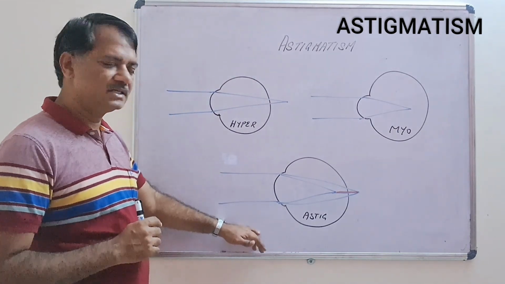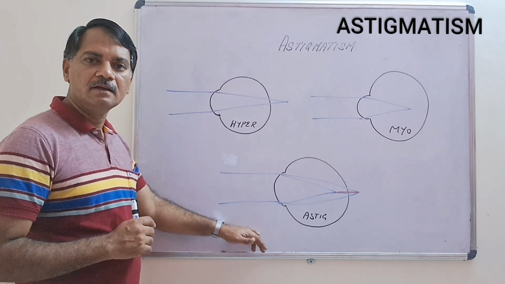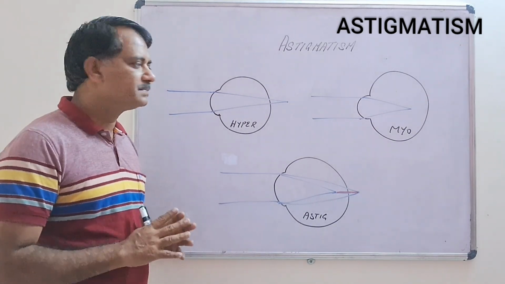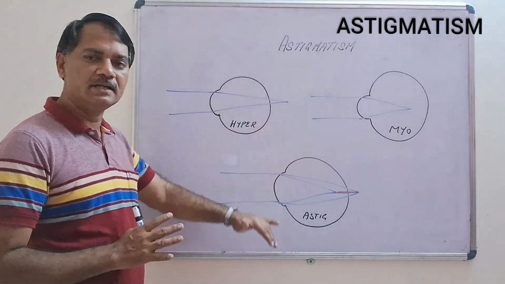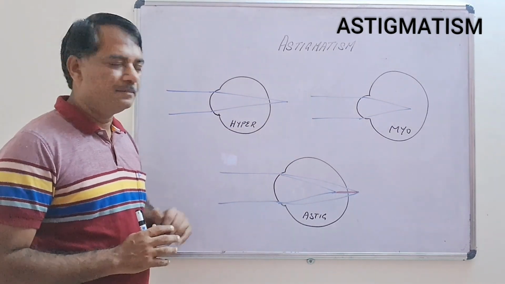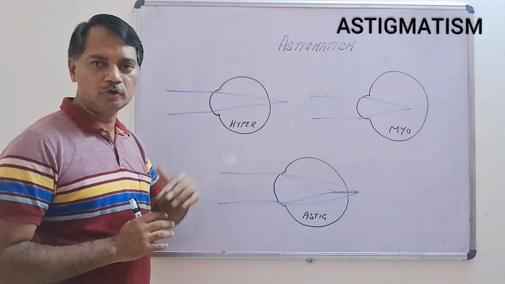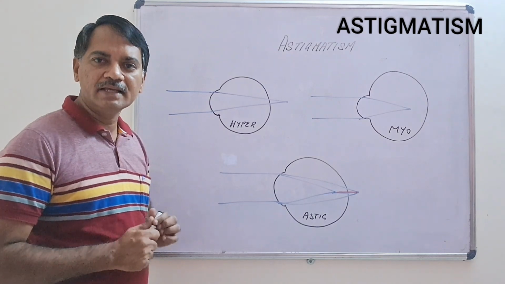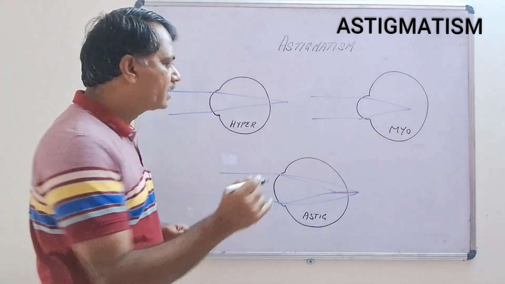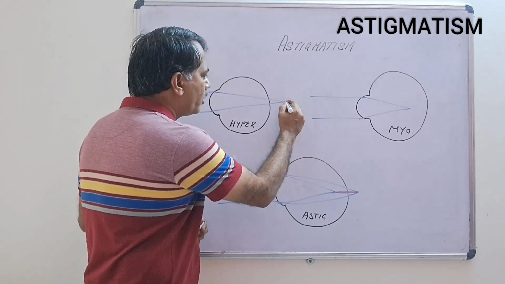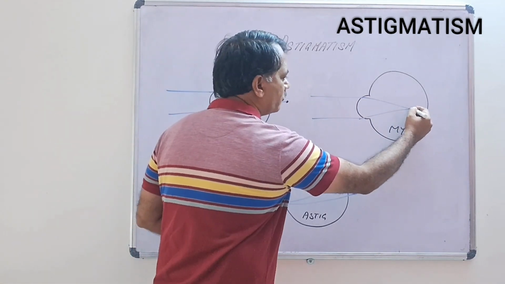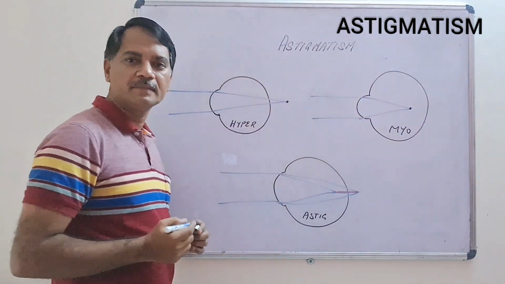Now coming to astigmatism, here there is a difference between those two conditions and this one. In myopia and hypermetropia, the light rays get focused at one point.